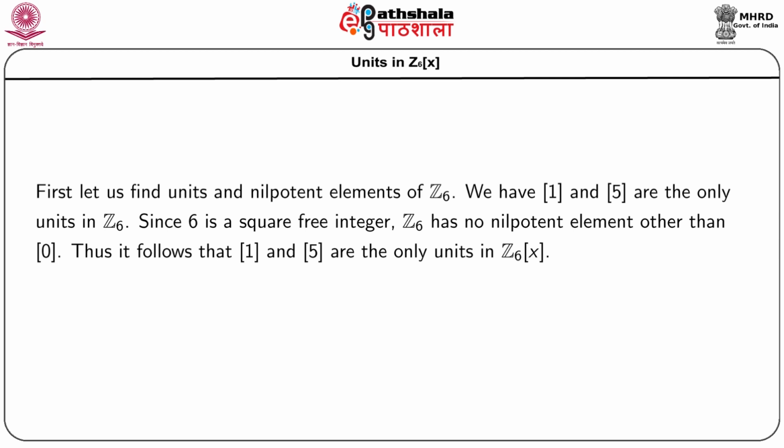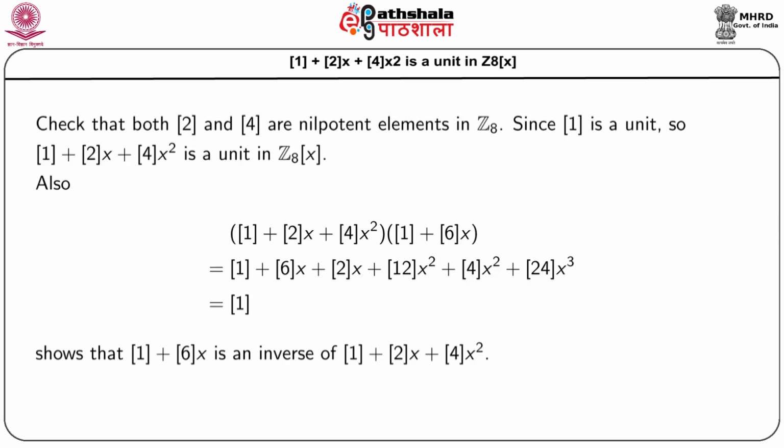So, absence of nilpotent elements in Z6 implies that the units in Z6[x] and Z6 are the same, but the case is not the same over Z8, because Z8 contains 2 nilpotent elements, 2 and 4.